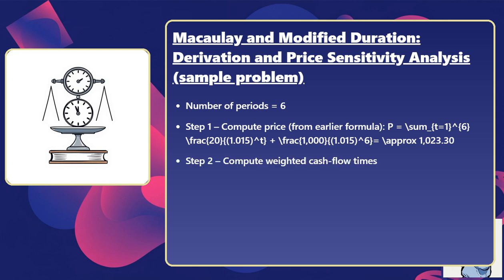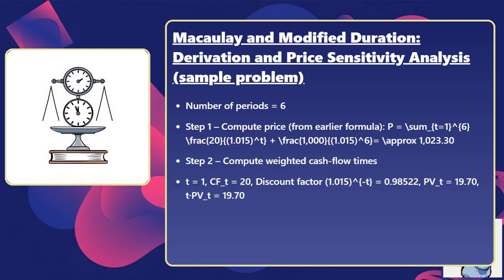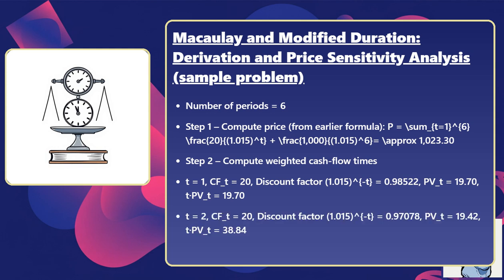Step 2, compute weighted cash flow times. T equals 1, cash flow 20, discount factor 1.015 to the minus 1 equals 0.98522. Present value 19.70. T times present value 19.70. T equals 2, cash flow 20, discount factor 1.015 to the minus 2 equals 0.97078.